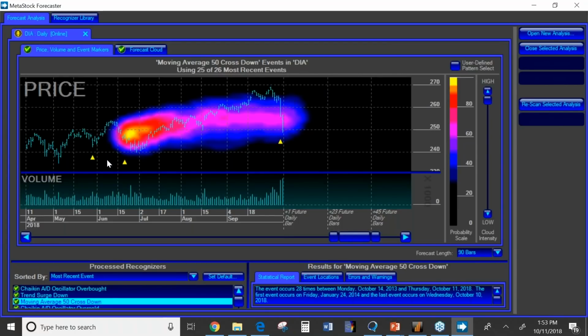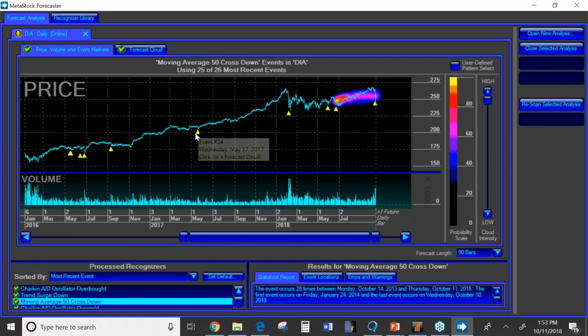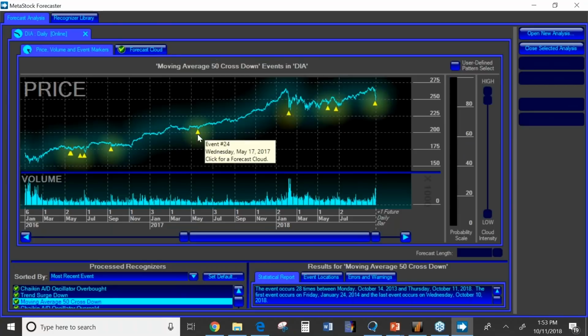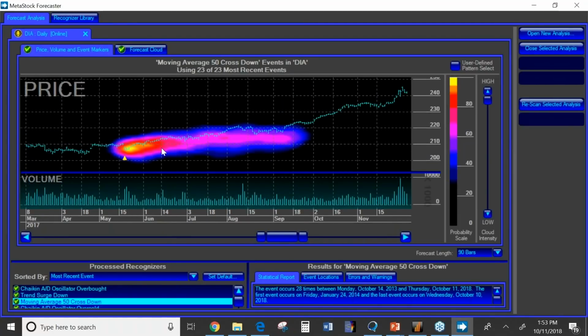What will happen, though, is if you look at events that are far back in the past, like this event, number 24, you'll notice that the cloud shape is quite a bit different. This did a really good job of calling this pattern. The reason it looks different is it's ignoring any event that happened after this event, to give you an idea of what the forecast cloud would have looked like if you were looking at it back in May of 2017.